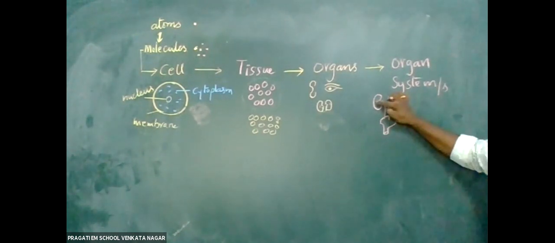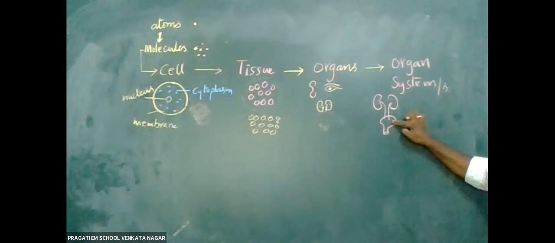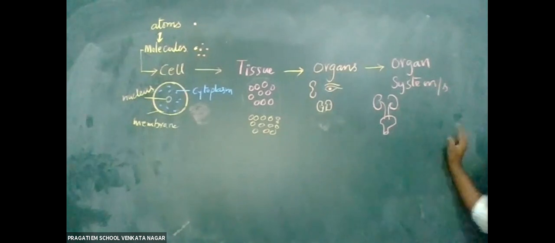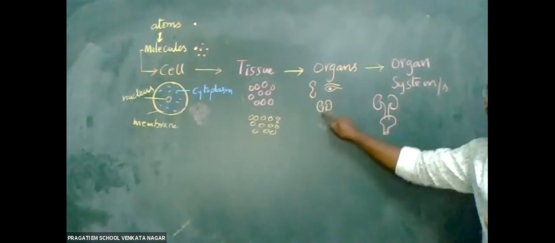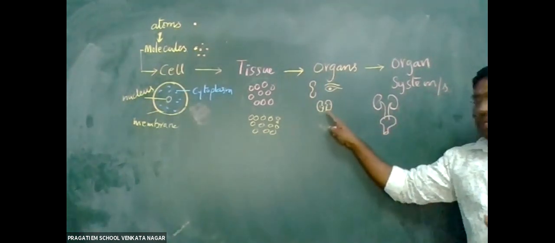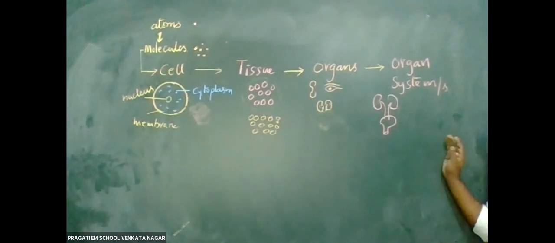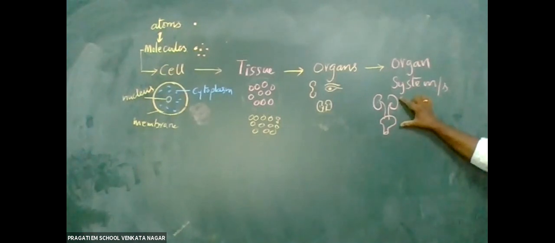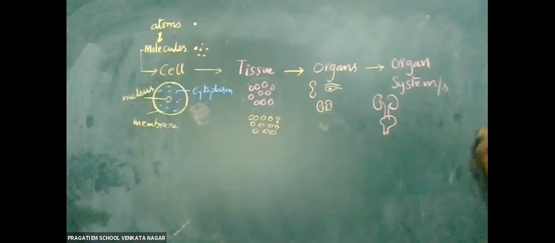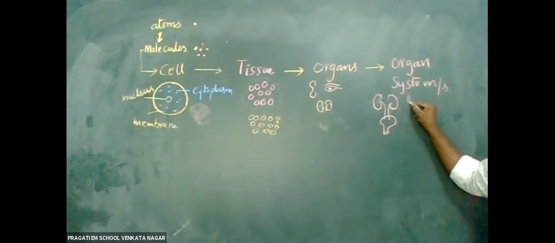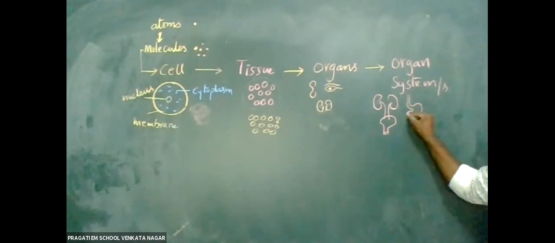Here, kidneys along with the urinary bladder are called the excretory system. Before that I gave kidneys as an example, but the next level of organization, the excretory system, is an example of organ systems. We have different organ systems like the excretory system and the digestive system. You can see this is the digestive system.